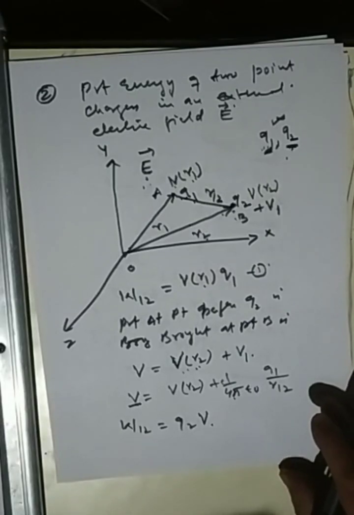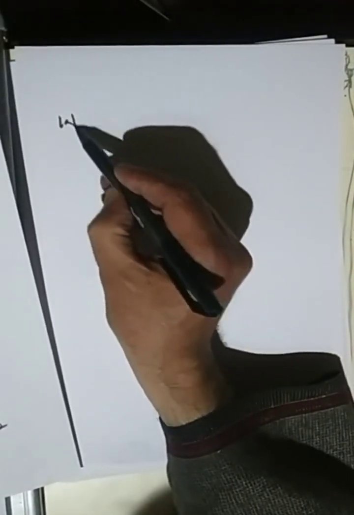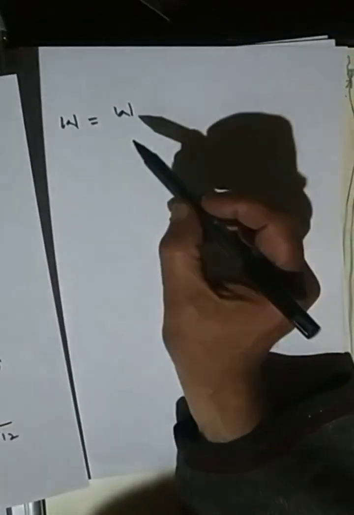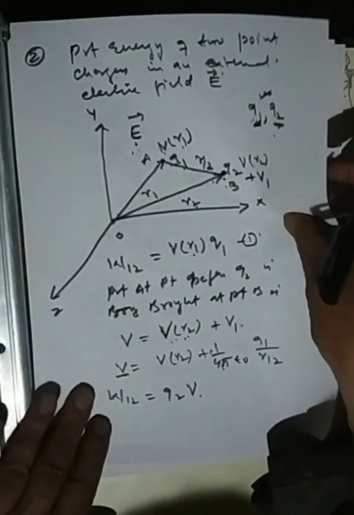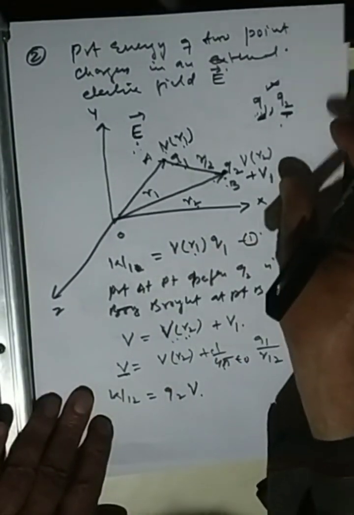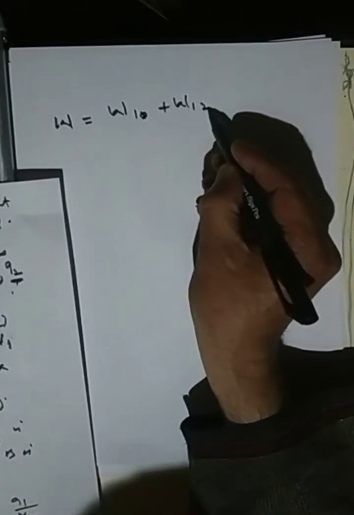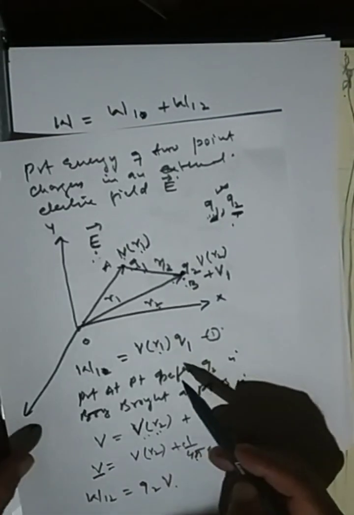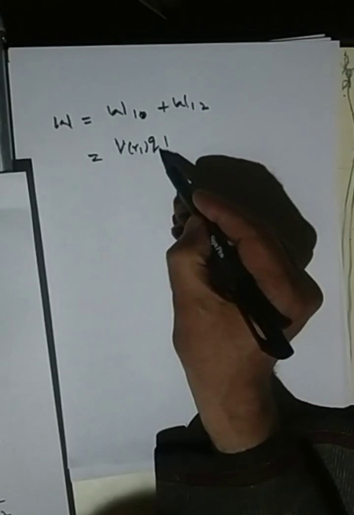Now therefore the total work done in arranging this system in an external field is given by W, which will be equal to W1 plus W12. W1 is already V(R1) Q1, plus this Q2 V.